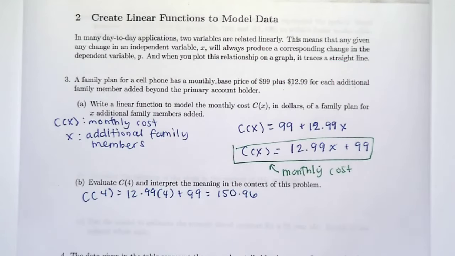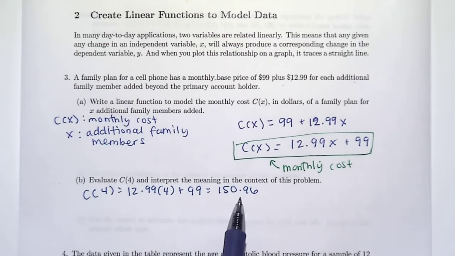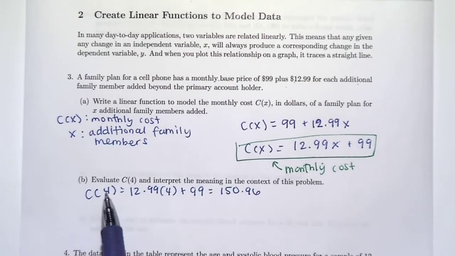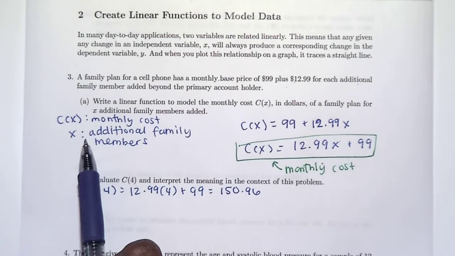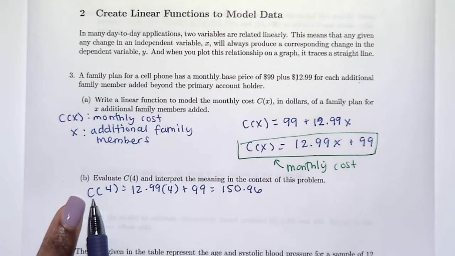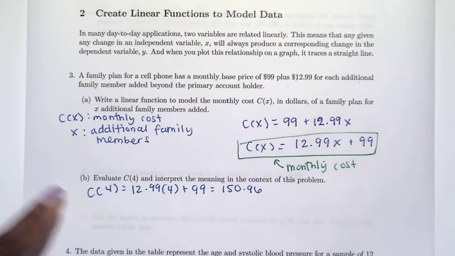What does this number even mean? 150.96 is C of x, so that's the monthly cost. What did we plug in? 4. We're going to have 4 additional family members that make up that cost. So if you want to write this out in words, C of 4 tells us the monthly cost with 4 additional family members.